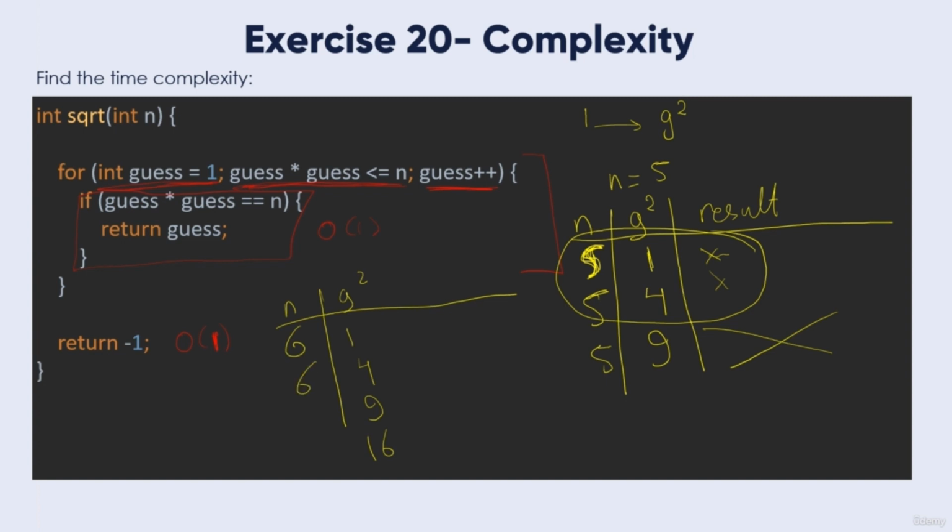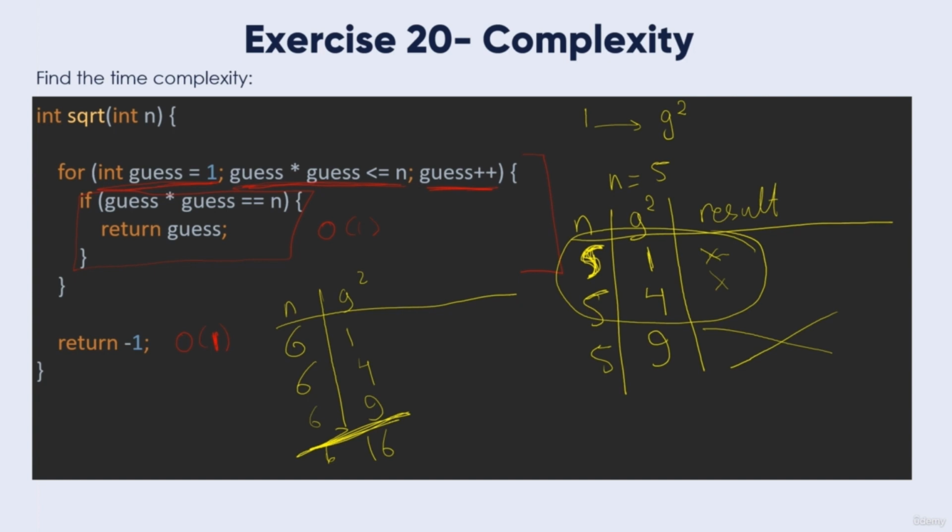It would execute 4 times. So when n equal to 5, it is executed 2 times. When n equal to 6, it is executing 3 times. Now if n equal to 7, it would execute about 4 times. So what is the relation?